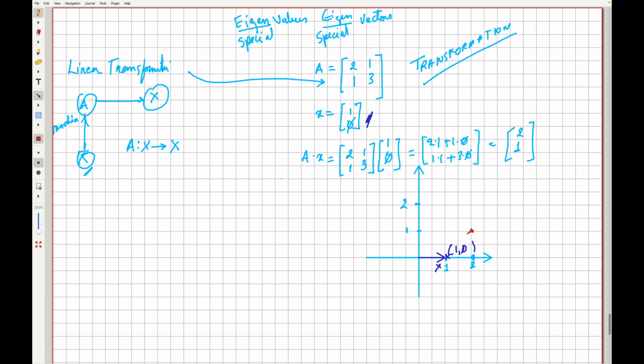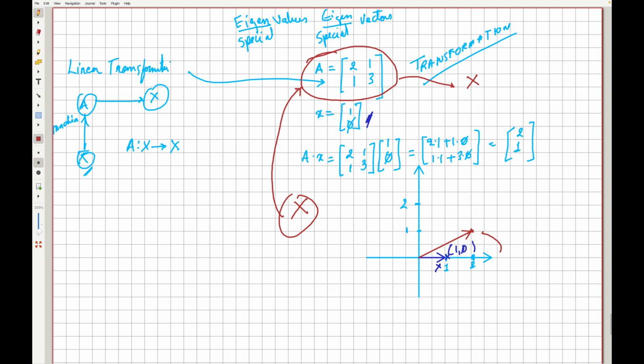What has happened is that this transformation matrix took the input vector x, which was 1 0, and output another vector, 2 1, in the same space. So we went from the blue arrow to that arrow, and that's what the transformation does. Most directions behave like this.